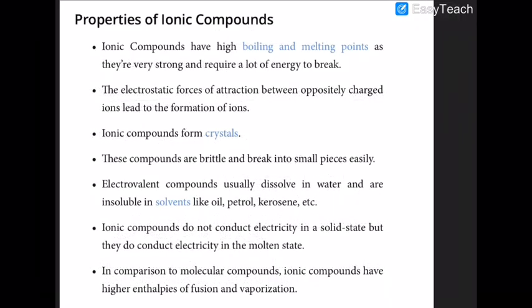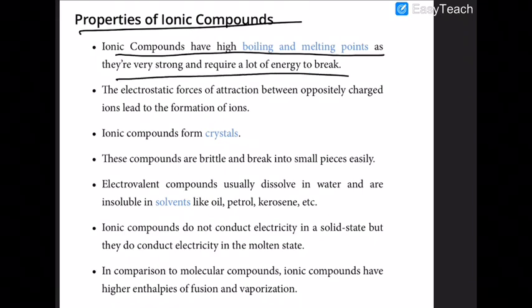Now the next thing is about the properties of ionic compounds. Ionic compounds have high boiling and melting points as they have very strong electrostatic attractions. So very large energy is required to break the bond.